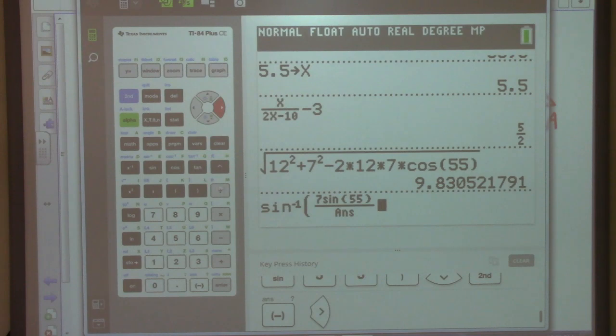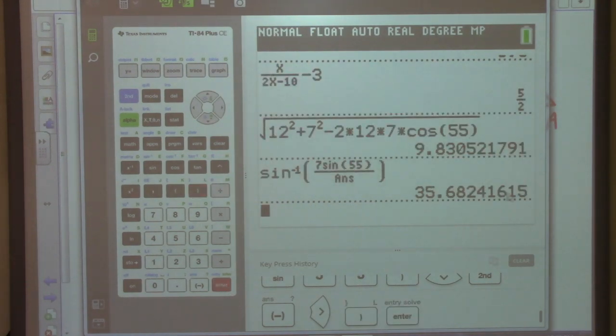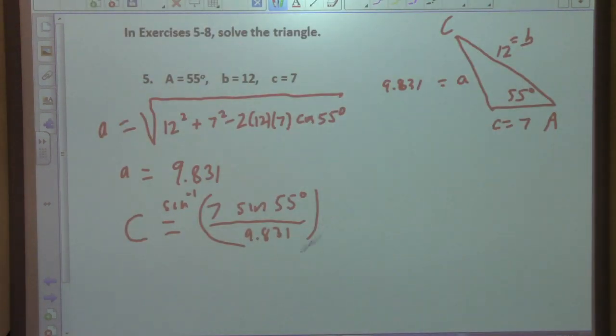I know that's what I'm going to need. And so I should get what that angle is, which is 35.682 degrees. Does that look right? It's not looking wrong.